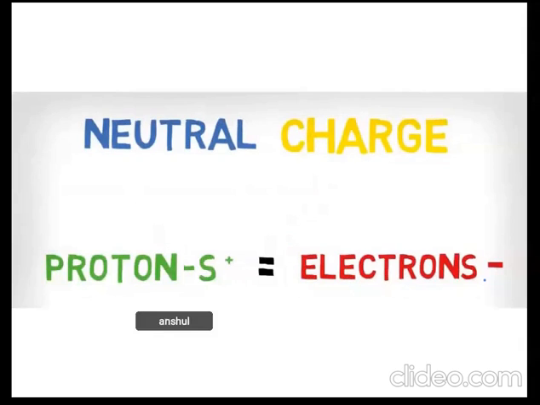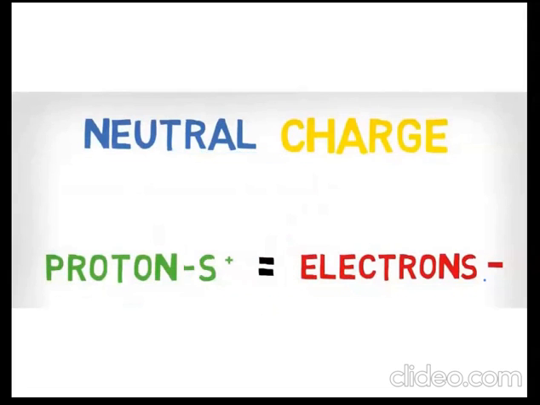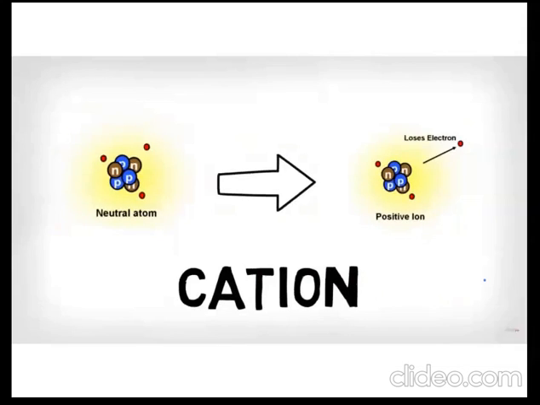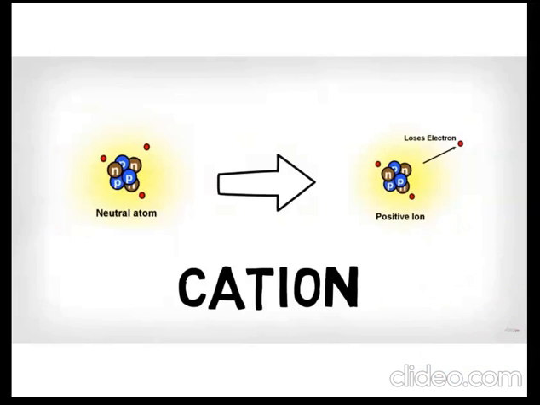Okay, so we know that neutral charge means protons and electrons are equal. We know that in a neutral atom they are equal. But let's talk about cations and anions. Cations, what are they? What I told you, positive ions. See, this is a neutral atom. Now this atom loses one electron.